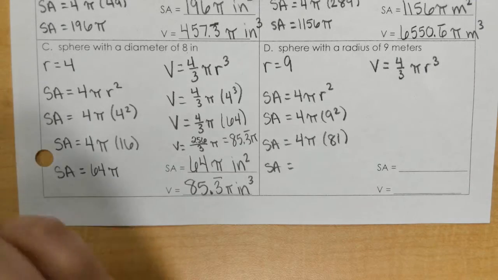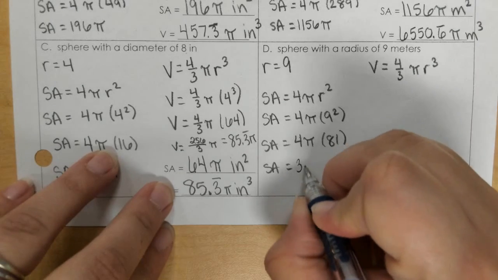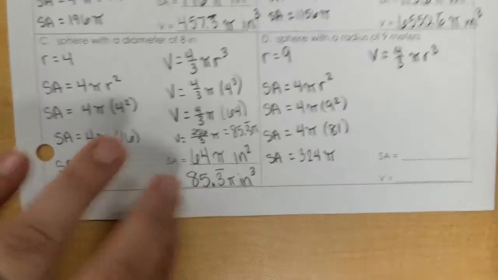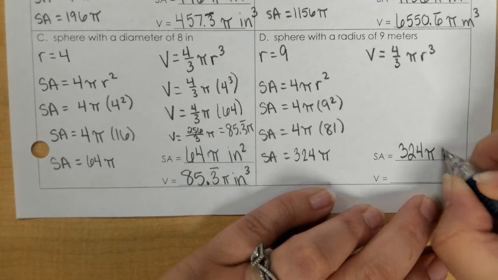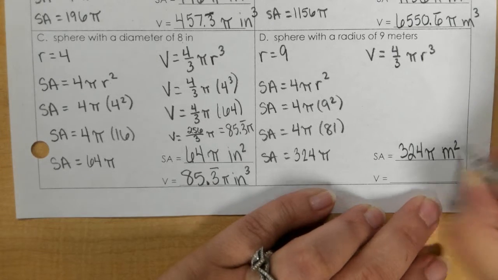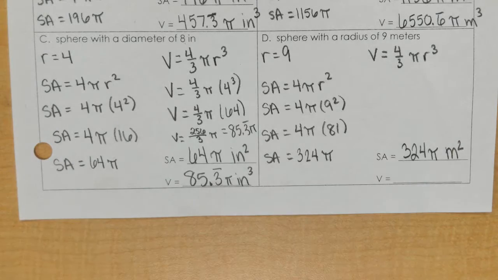And then I would just multiply 81 times 4, and that would be 324 pi. And that would be meters squared.